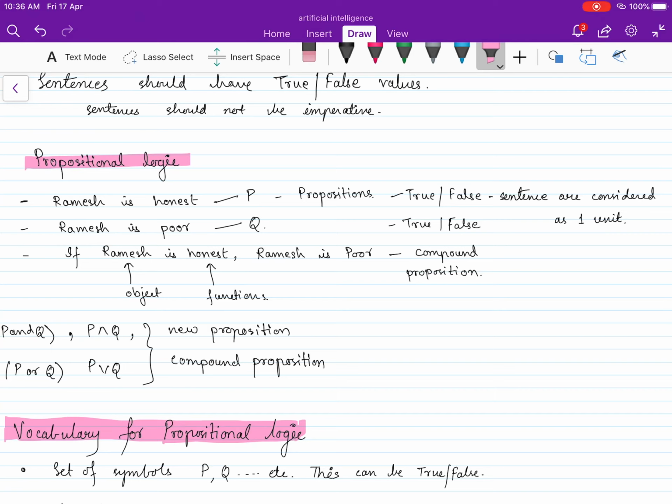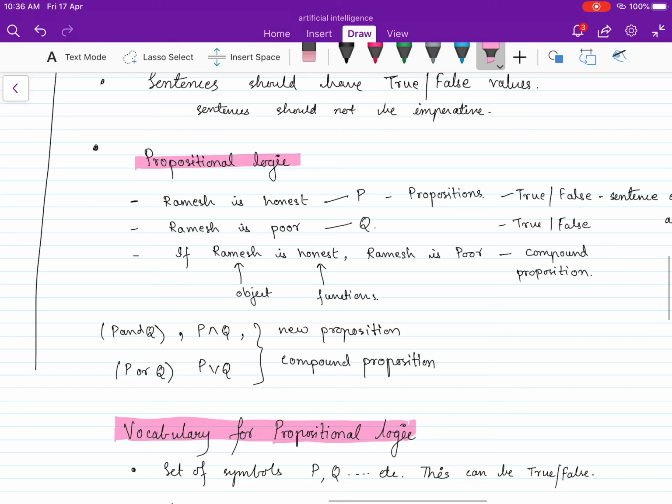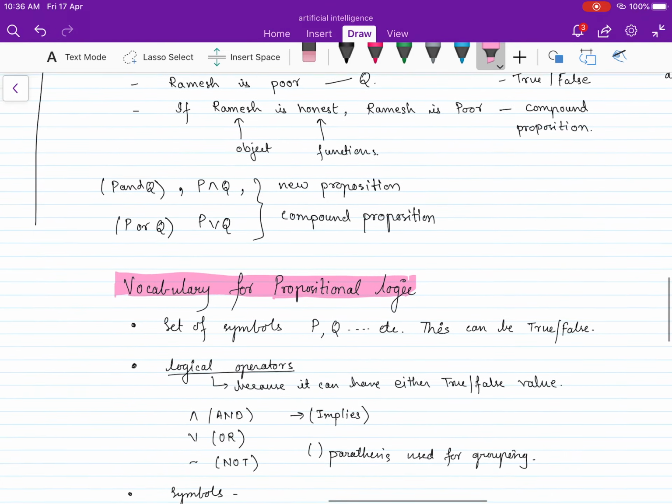We also have a compound proposition, which is a combination of propositions, for example, Ramesh is honest and Ramesh is poor. We can form propositions using and, or operations, and combining them using and, or gives a new proposition. Such propositions are called compound propositions.